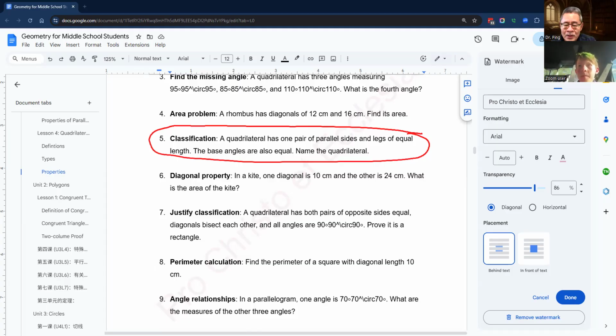No, it's not a rhombus. A rhombus has two pairs. So a rhombus is like that, two pairs. But here we only have one pair of parallel sides, and we have legs, two legs.